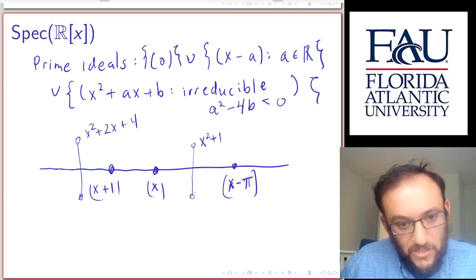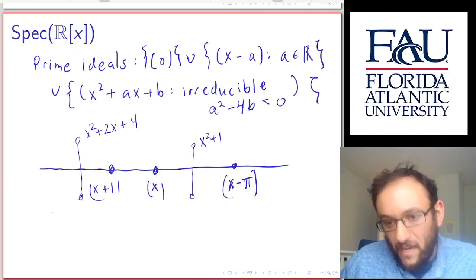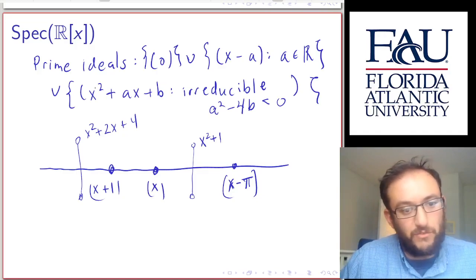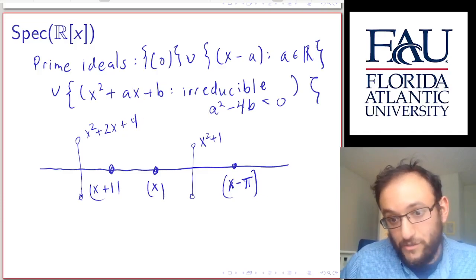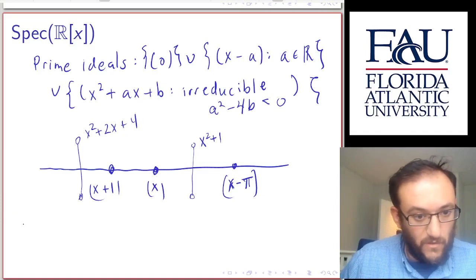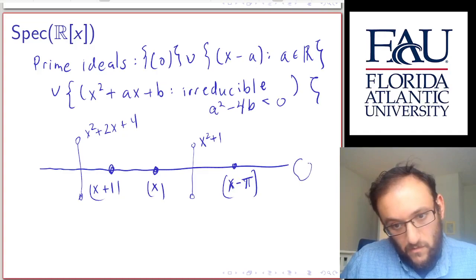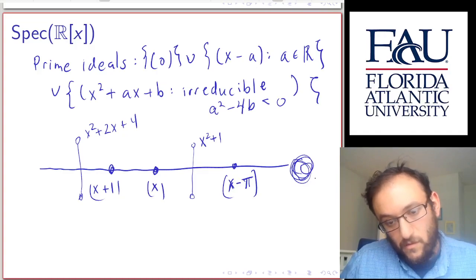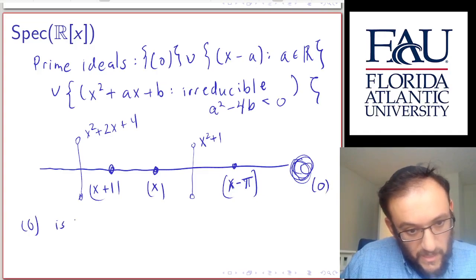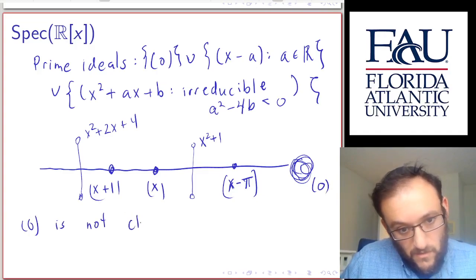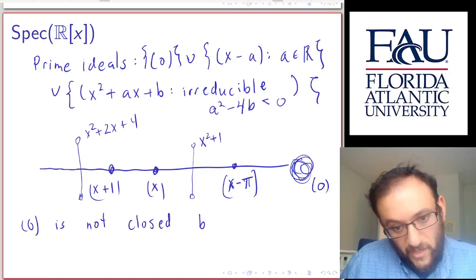And these are actually also closed points because they're maximal ideals. There's no prime ideal containing this in R[x]. So this is our fuzzy 0 point. So 0 is not closed, but the others are.